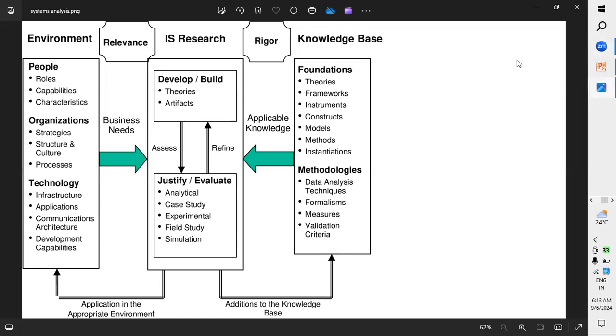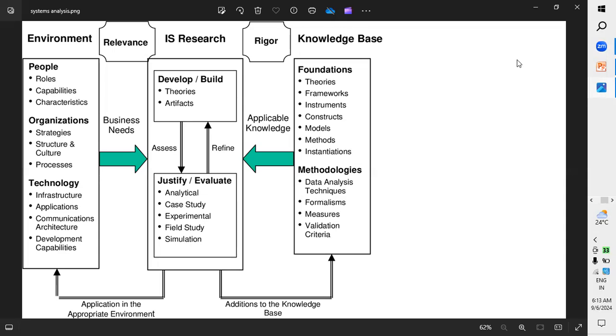In this regard, there are three major areas we need to see. One is about the environment. This is the first one you have to consider. As far as system analysis, I'm talking about, not from the context of the functional element. I'm concentrating from the technical element. So the first one is about the environment.